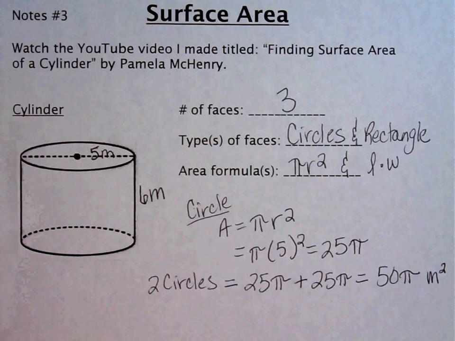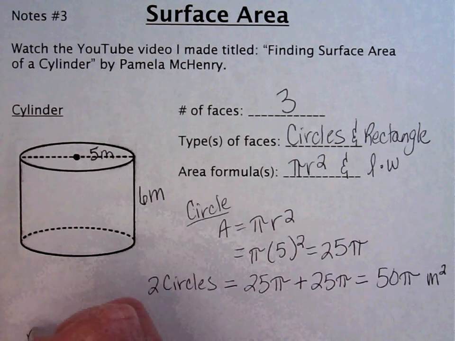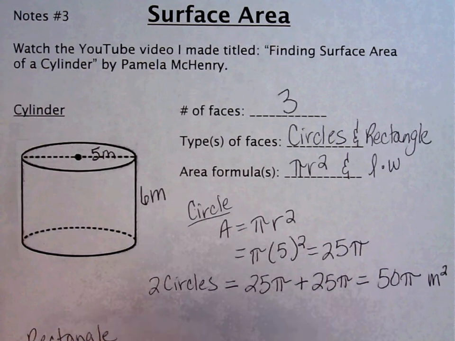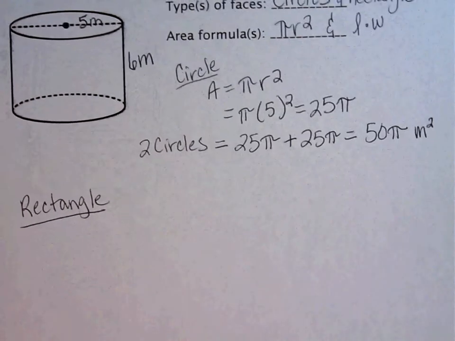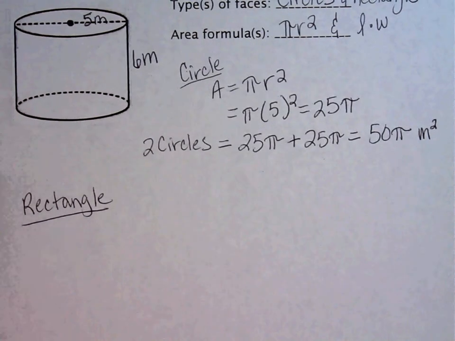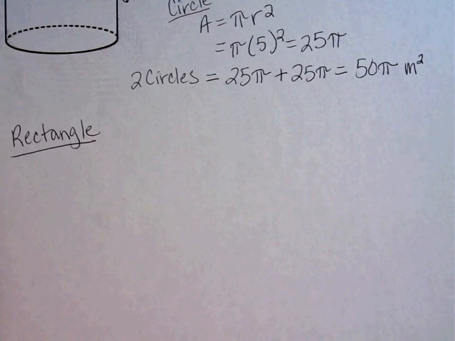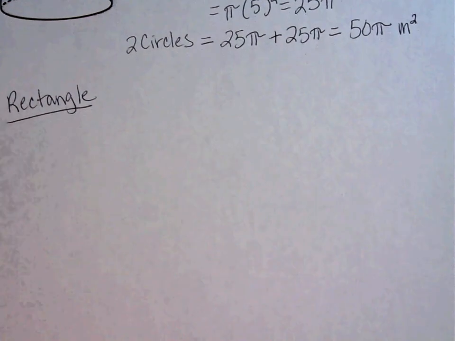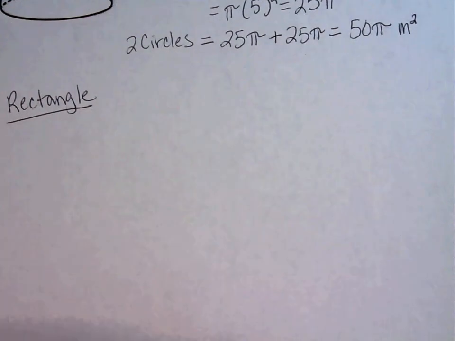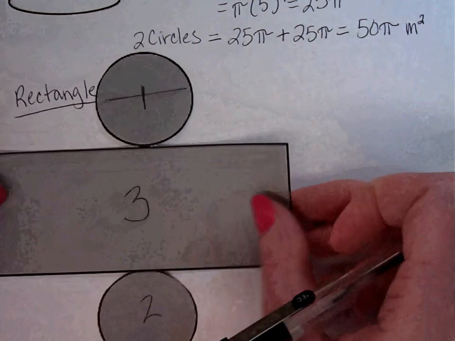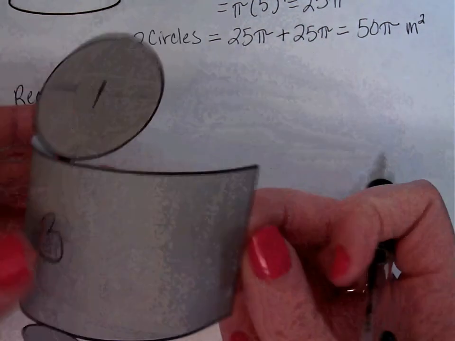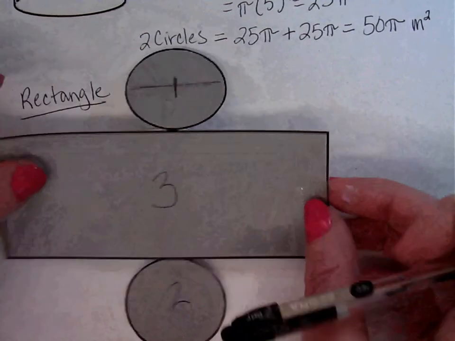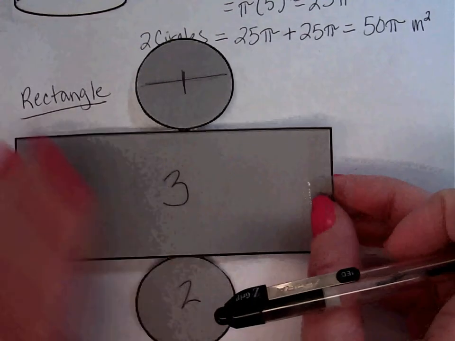All right, now the rectangle. Our rectangle is a little bit trickier. And our rectangle, I'm going to actually put our cylinder right off the screen, and I'm going to pull this rectangle right here. Okay? Now if you picture our cylinder as it closes and it opens up, okay?